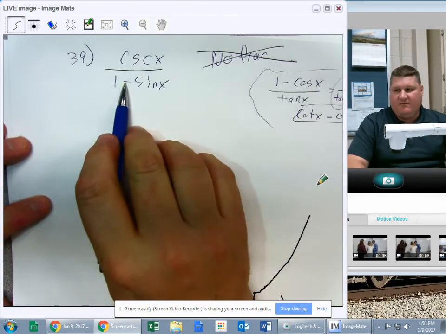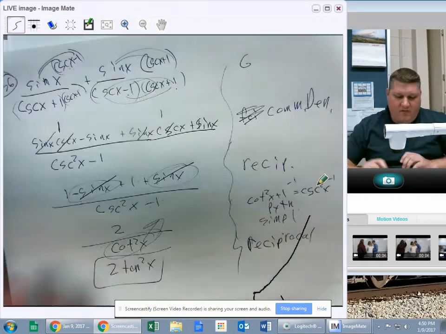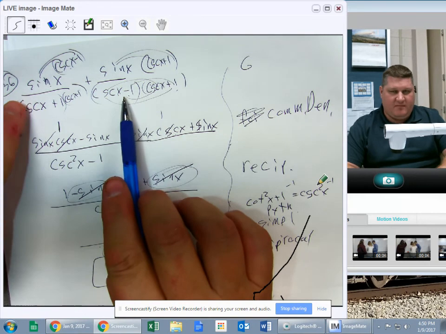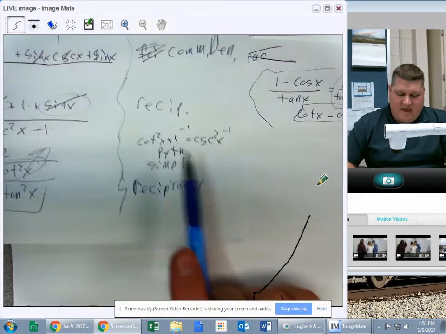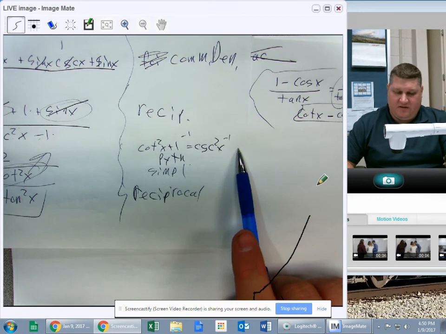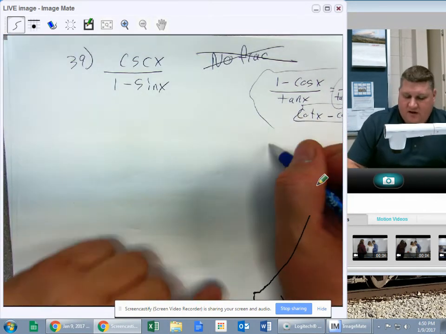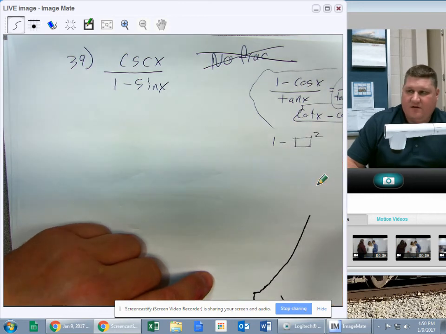Okay, but that's not what I have. I have a minus in the bottom. Now, if we go back to this problem, I have a cosecant x minus 1. Here I found common denominators. But a really common trick is if I can get some sort of Pythagorean theorem, which so often is 1 minus something squared.